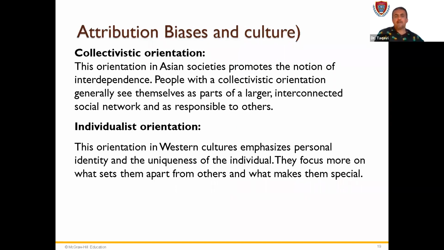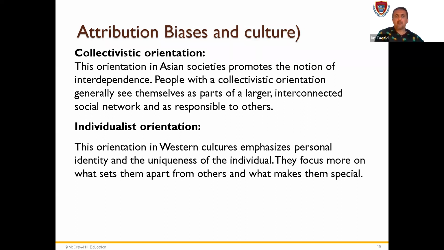The other part of the relationship between attitude, attribution biases, and culture is about collectivistic orientation and individualistic orientation. Collectivistic orientation, like Far East, Asian, and Oriental countries, promotes the notion of interdependence.